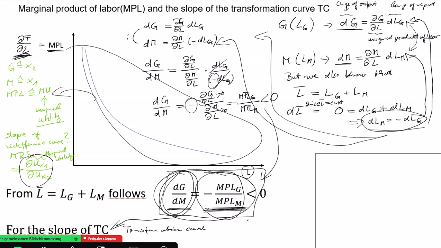And if you then think of your micro courses, you have also talked about the isoquants in the production view. There also the slope of the isoquant was just the ratio of the derivatives. So this is almost always the same mathematics which we are doing.